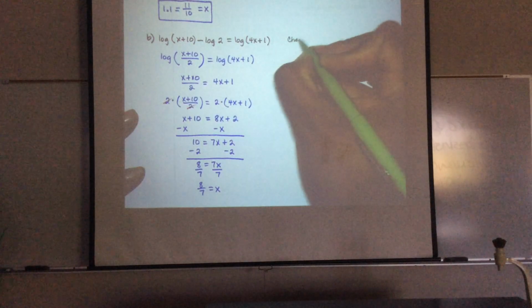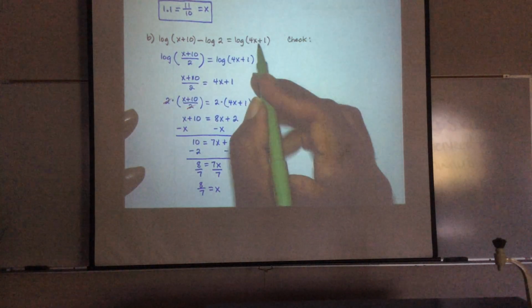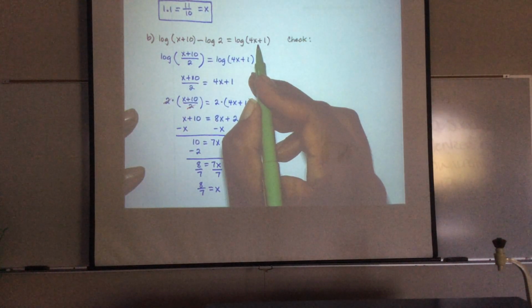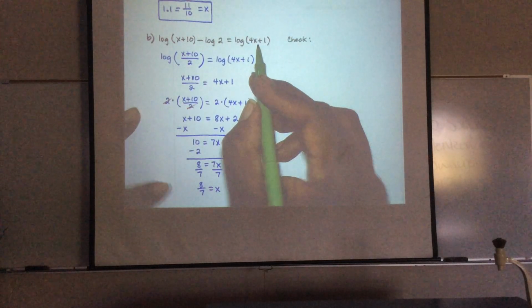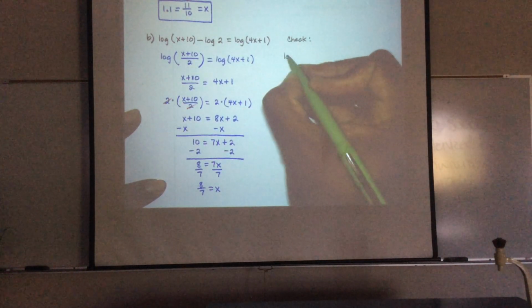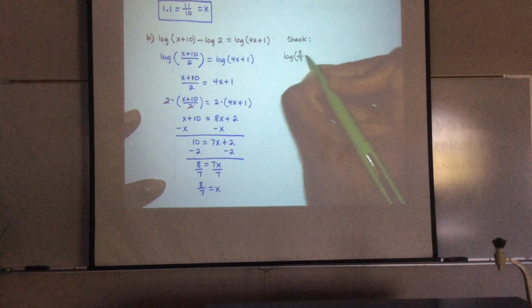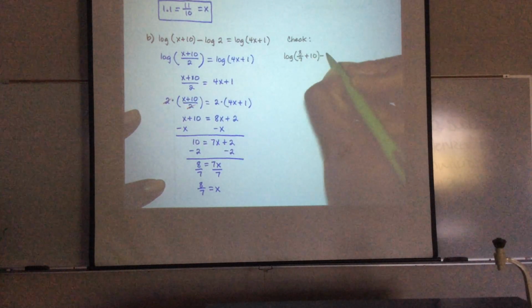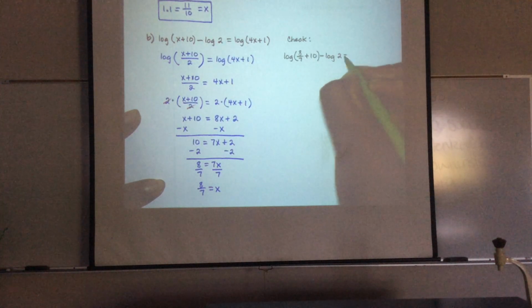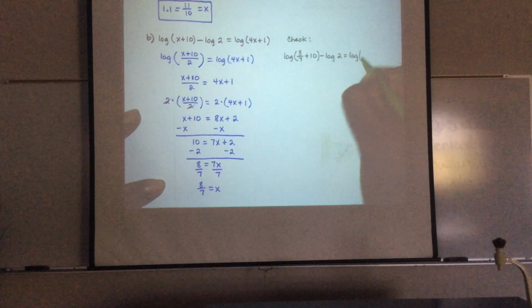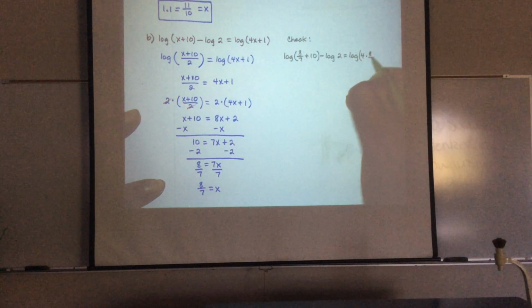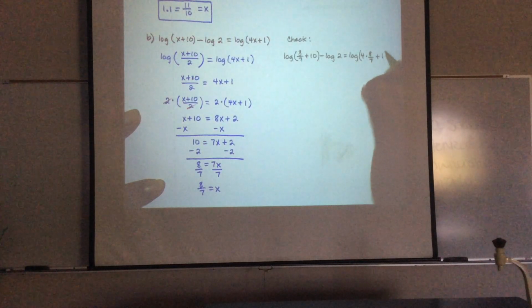Here's the check. Using the original equation that I started off with, I'm going to replace each x with 8 over 7. So I got the log of 8/7 plus 10 minus the log of 2 is equal to the log of 4 times 8/7 plus 1.